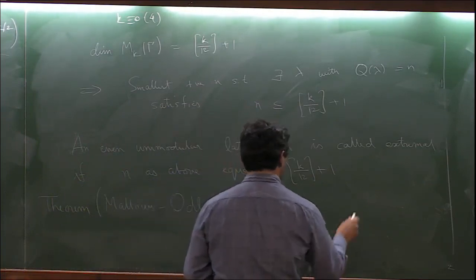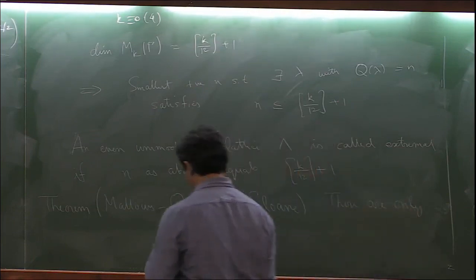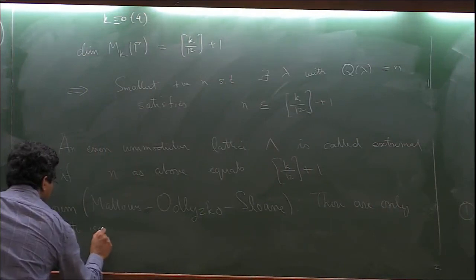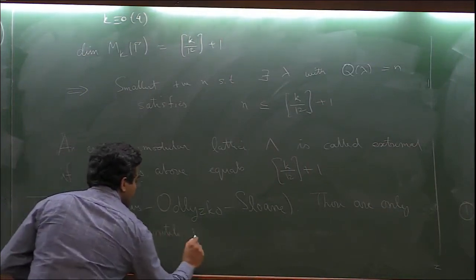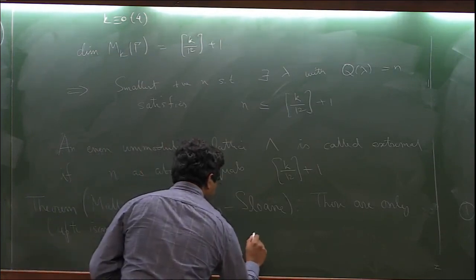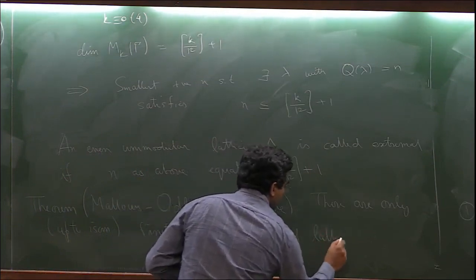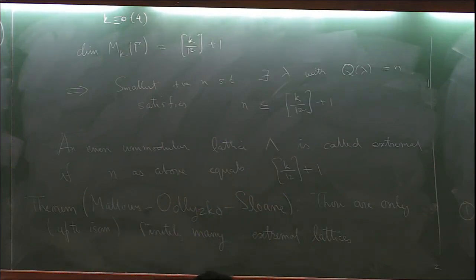So there are only, up to isomorphism, finitely many extremal even unimodular lattices. Okay, so I'll just orally say what the proof of this is.